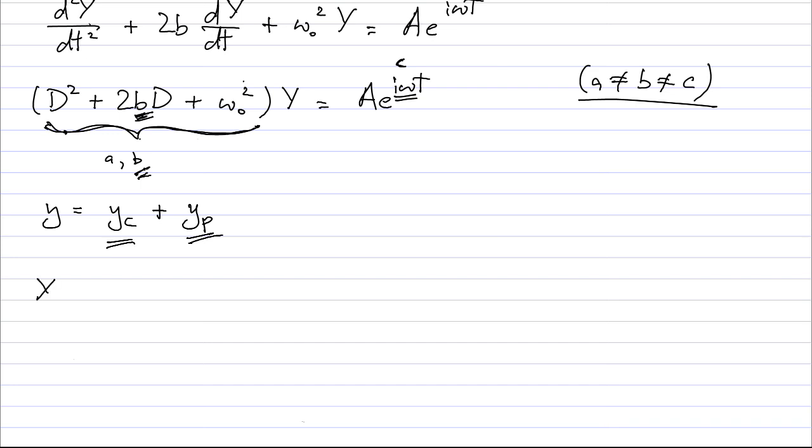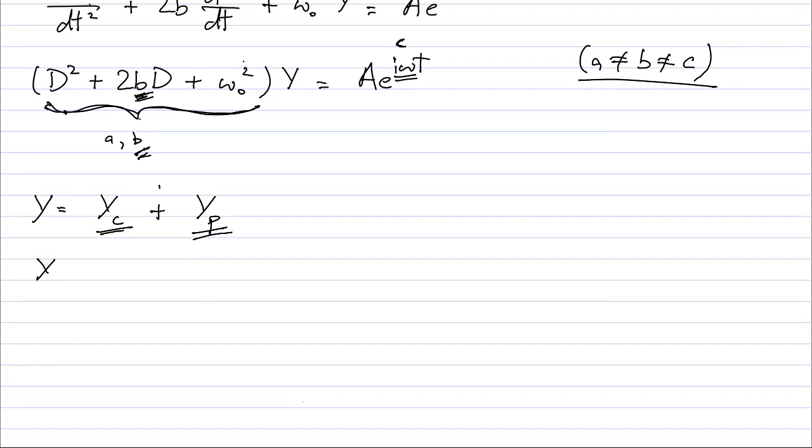To be proper, I should be writing capital Y is equal to YC plus YP. I've already found YC, and I need to find YP, because finding this amounts to solving this differential equation.